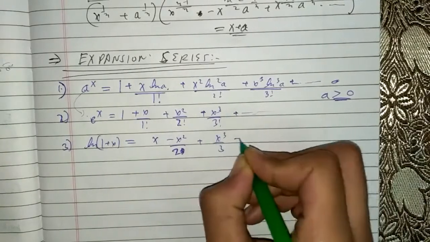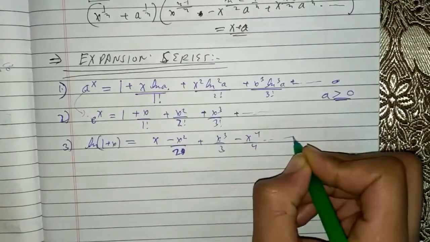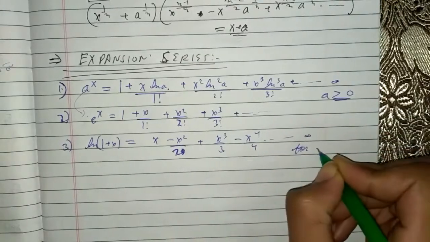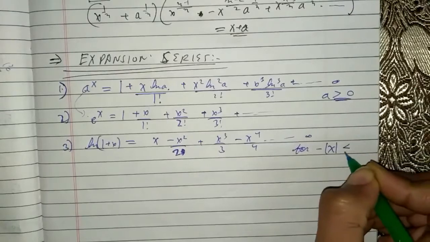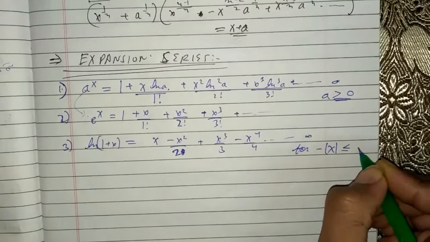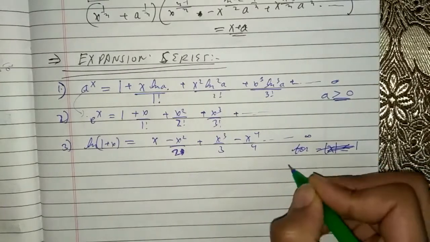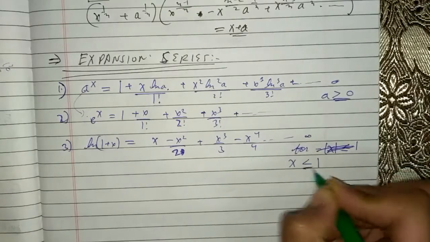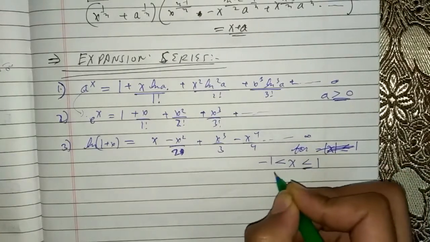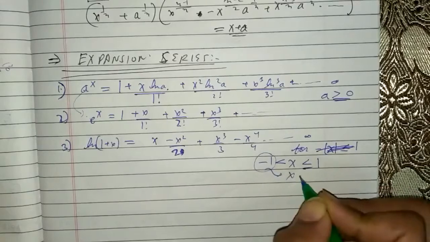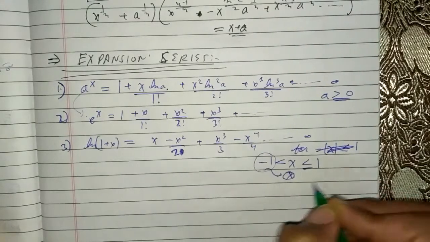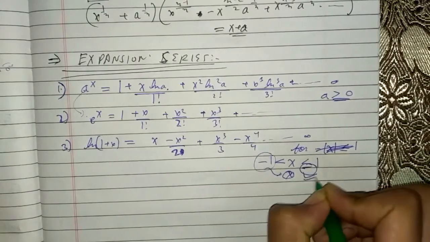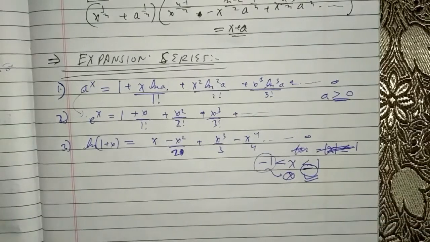It's plus x cube by 3 minus x to the power 4 by 4 and so on till infinity, and valid only for mod x less than or equal to 1, or you may write x less than or equal to 1 and greater than minus 1. And please note that here equality does not hold for x equal to minus 1. Okay, but for x equal to 1 equality holds. Okay.